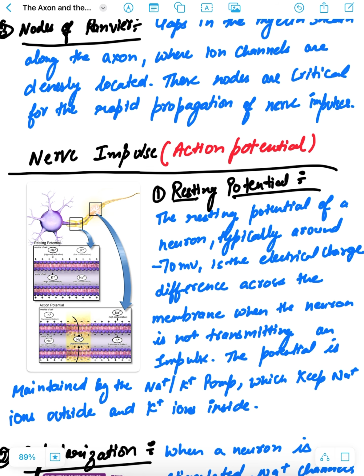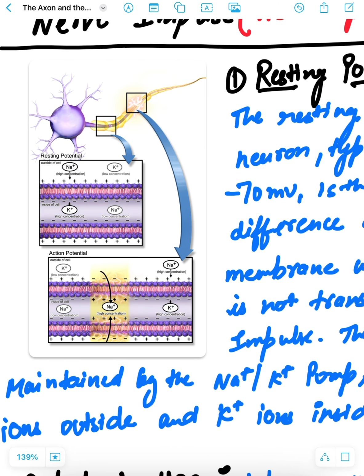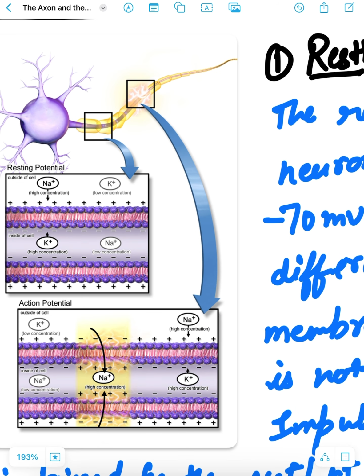First, the resting potential. If you see in this diagram, when the axon is in resting mode, the sodium concentration is high and the potassium concentration is low outside the cell, and inside the cell there is a high concentration of potassium and a low concentration of sodium. This is the inside and the outside.